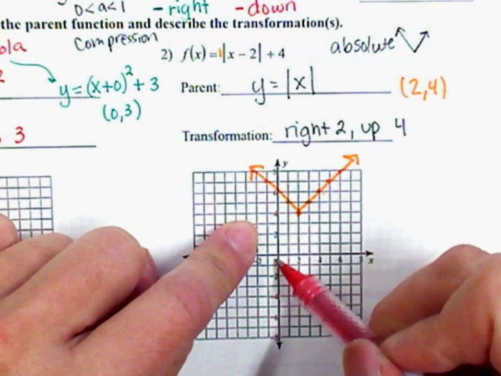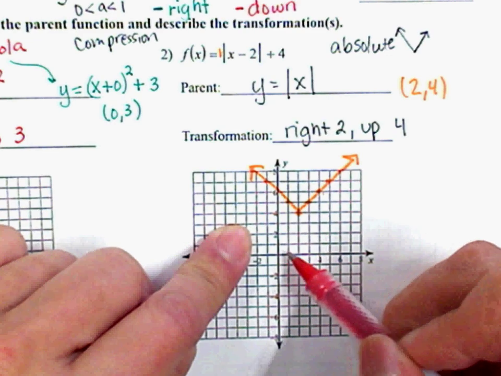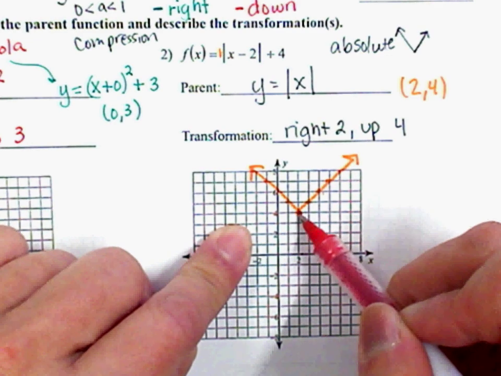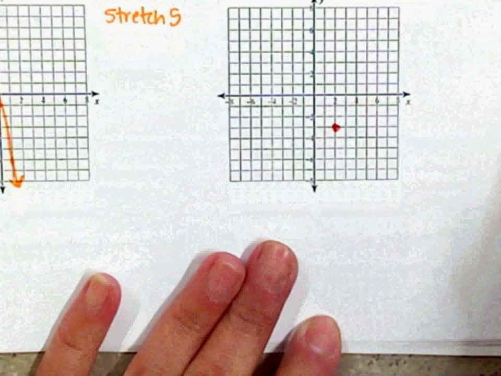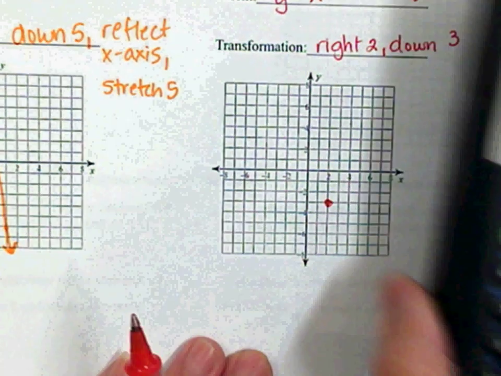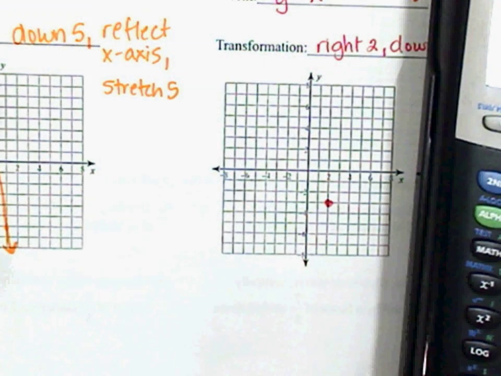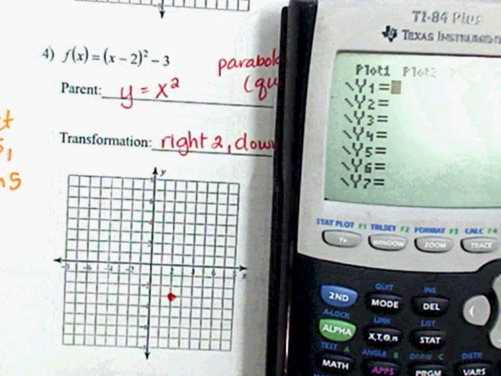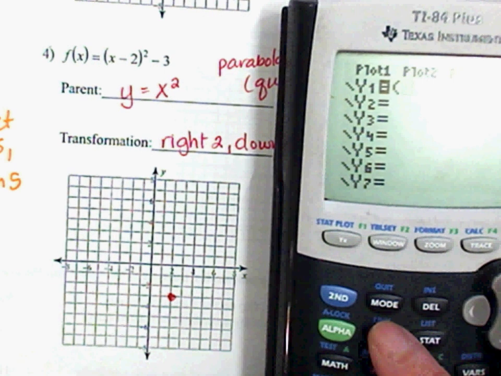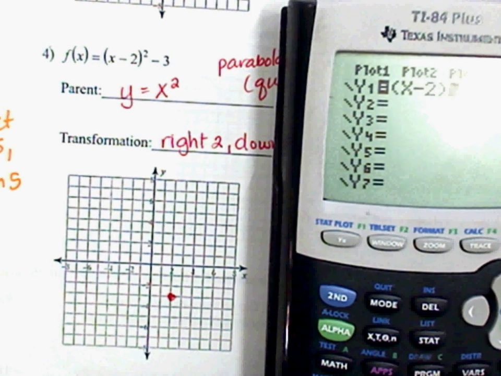Just like this one, start at 0, you're going to move right 2, up 4. And that's how I got that point right there. All right. So, got your calculator, y equals, type that in. Parentheses, x minus 2 in parentheses squared, minus 3.